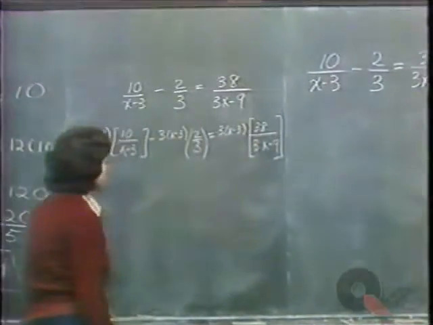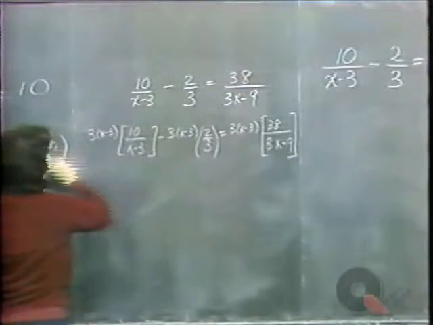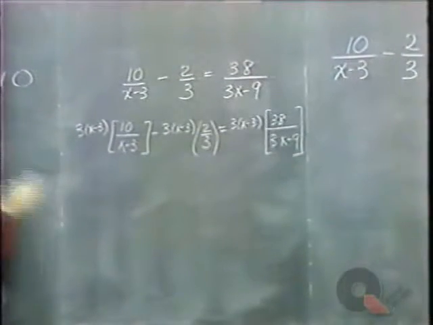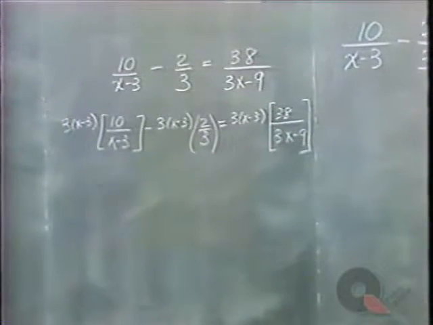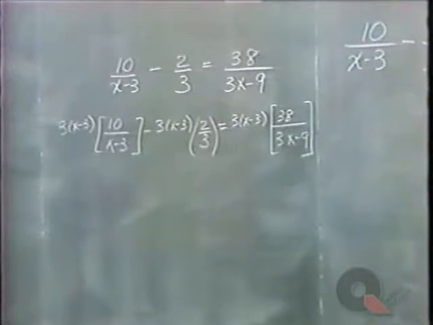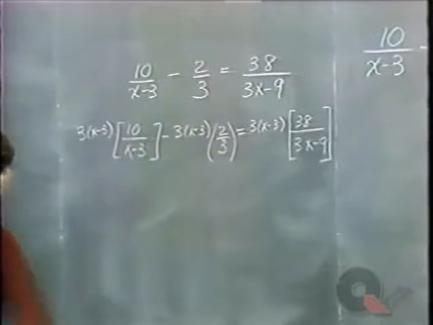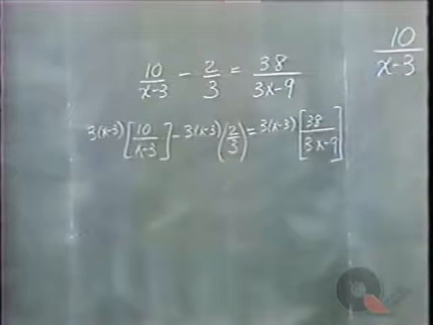We are multiplying both sides of the equation by 3 times x minus 3, and in doing so, we will remove all fractions.